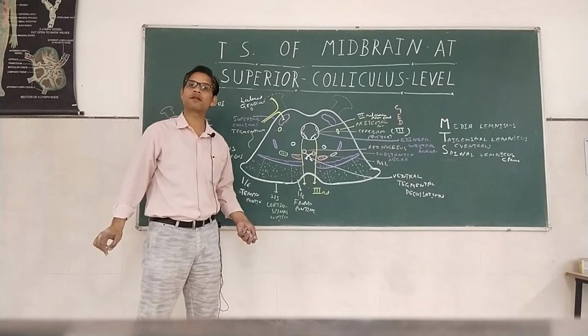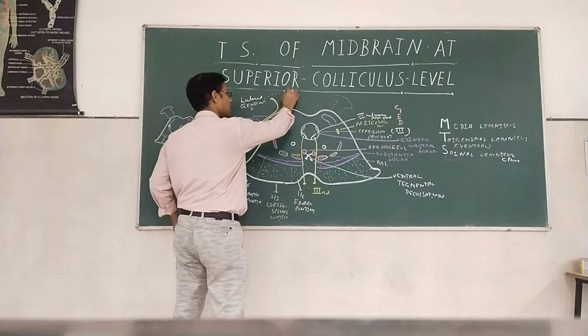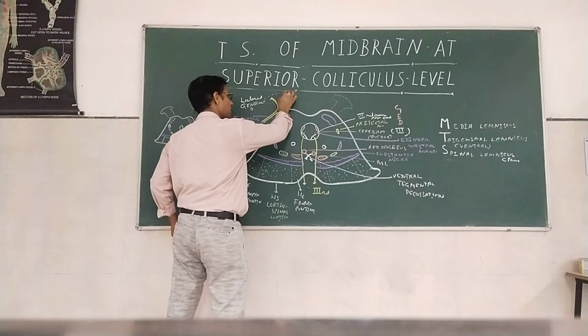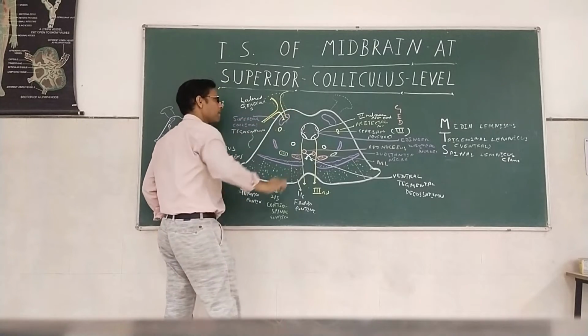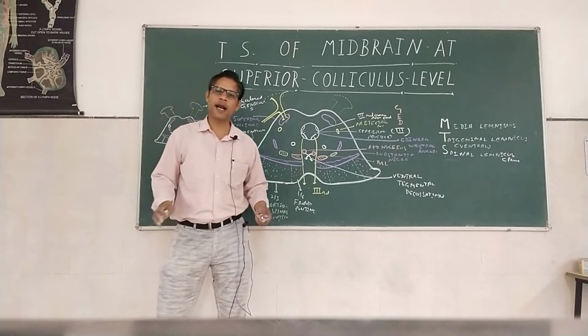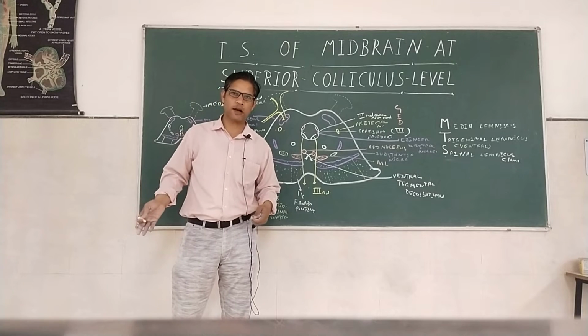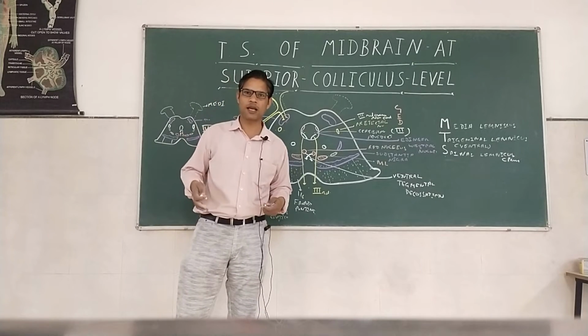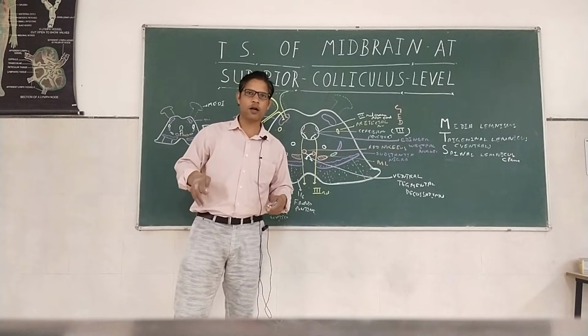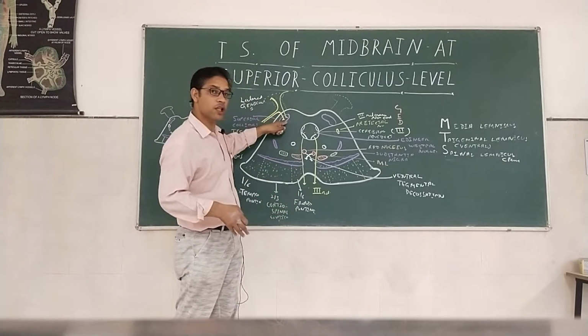Not only that, fibers from areas 18 and 19 also reach this zone. So fibers from the retinal area, that is retinotectal fibers, plus cortical fibers from area 18 and the visual association area, sending corticotectal fibers, are reaching this zone.